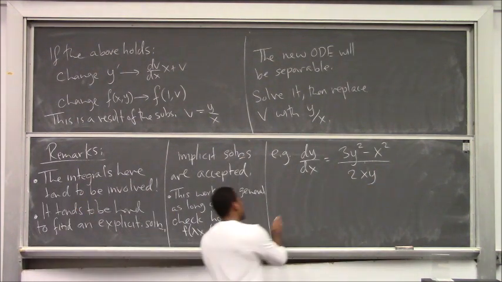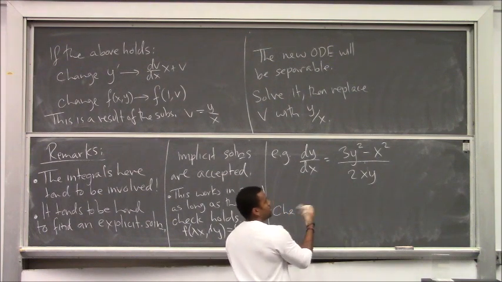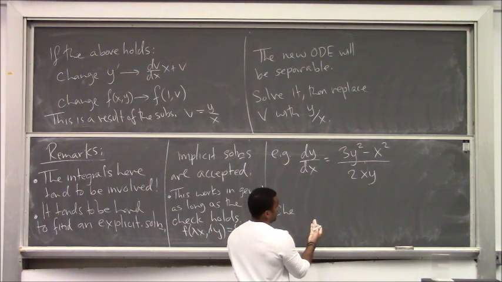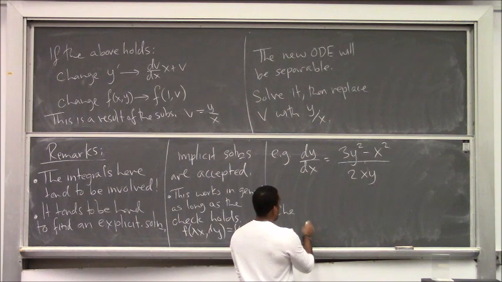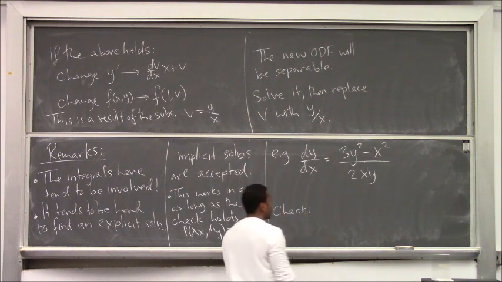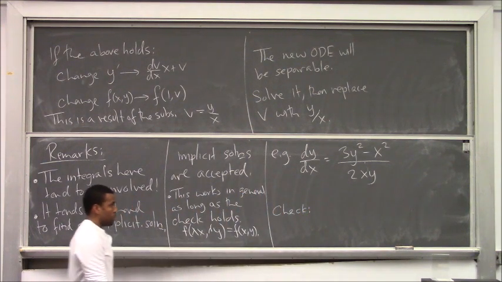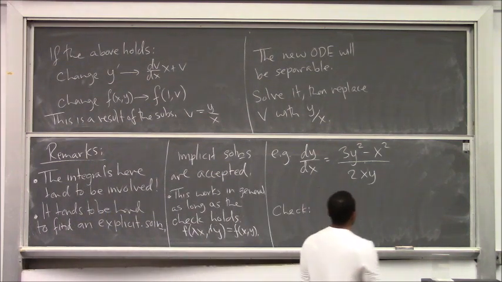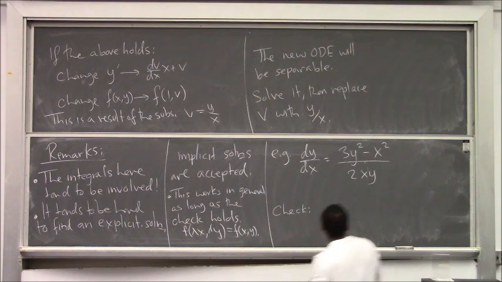But here's what I want to do. One thing I could check is whether this is linear, and is it separable? I'm going to look at this as a homogeneous equation. So here's what the check actually means. This guy is my f of x, y over here.